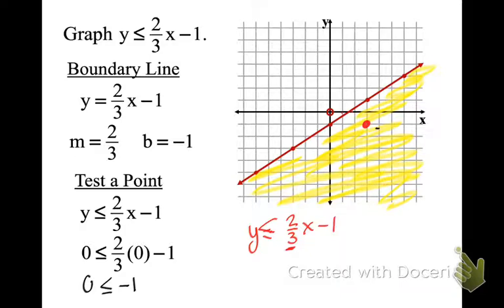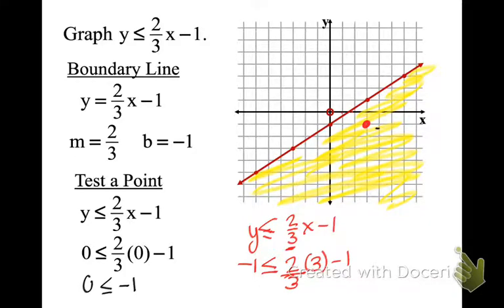So that's 3, -1. So I'm doing -1 is less than or equal to 2/3 times 3 minus 1. So if I simplify this, if it comes out true, I shade that side. If it comes out false, I shade the other side of the line where the test point is.